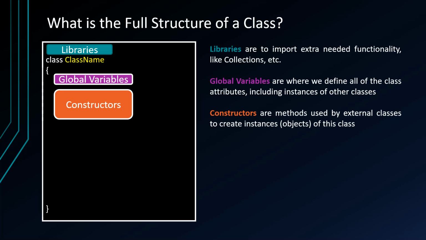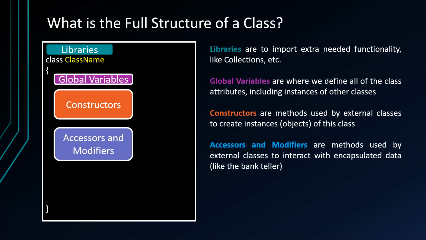So after our constructors, the next piece is called accessors and modifiers. We're going to go into more detail as we go through this, but accessors and modifiers are basically the methods used by outside classes to interact with your encapsulated safe data, right? So this is basically the bank teller. You come up and say, please give me $200. That would be an accessor.